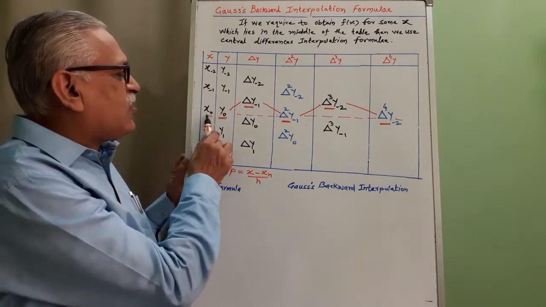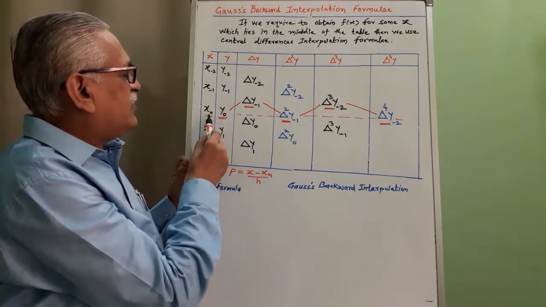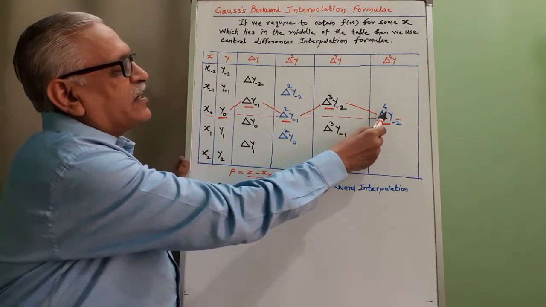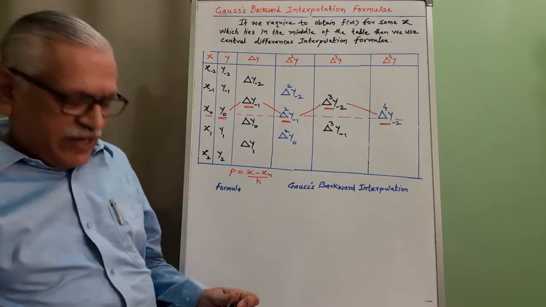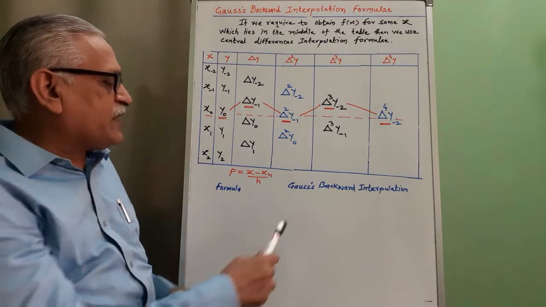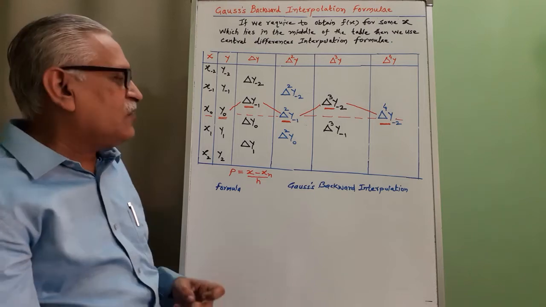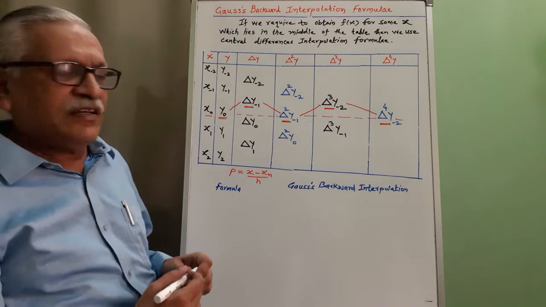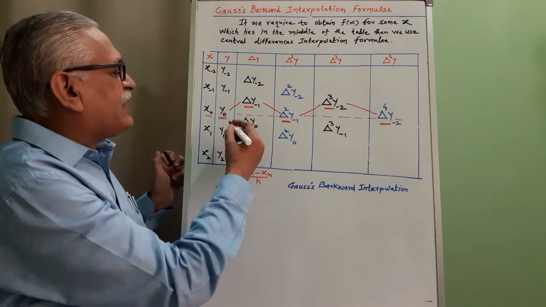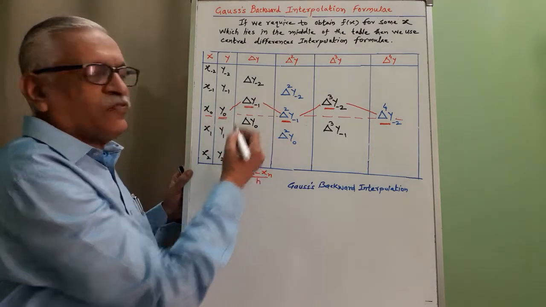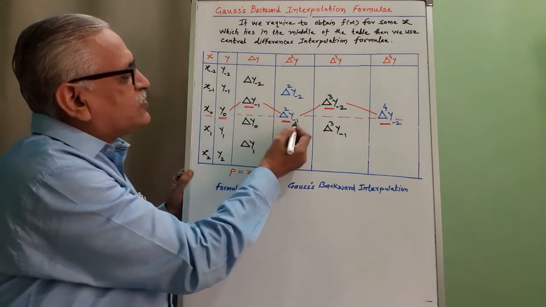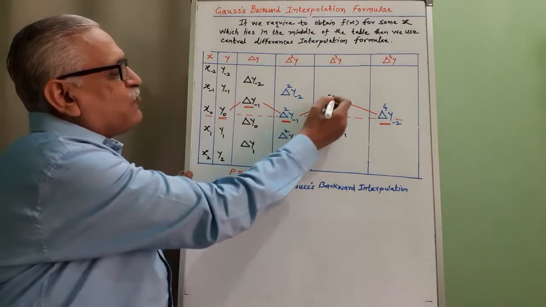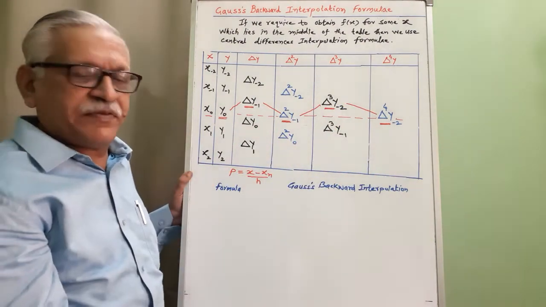Then we draw a central line through x0, y0, del square y minus 1 and del raised to 4 y minus 2. And to obtain Gauss's backward interpolation formula, we consider the values above this central line, including the central line. Therefore, we make the arrow from y0 to del y minus 1, then del y minus 1 to del square y minus 1, upward, downward, in a zigzag way.